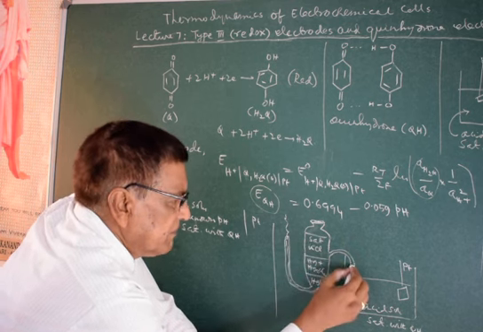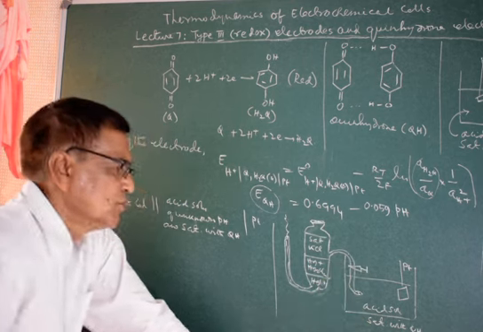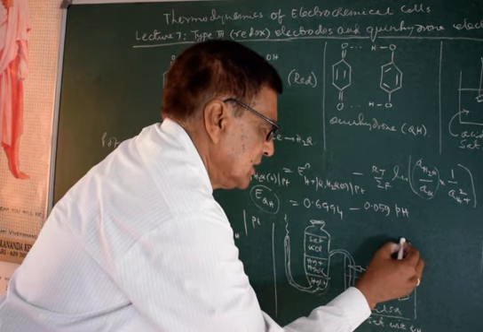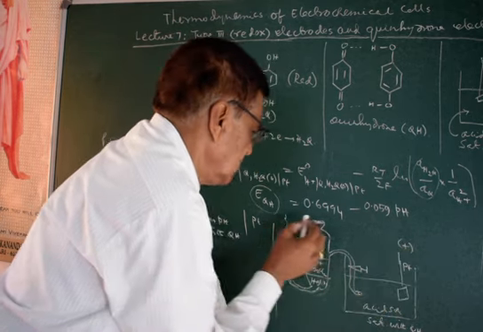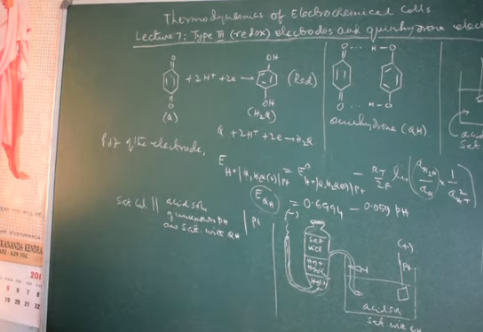Here this lymph, and lymph is connected to this one. This one is the rough sketch. This is the positive electrode, and this is the negative electrode. Cell setup will be like that.